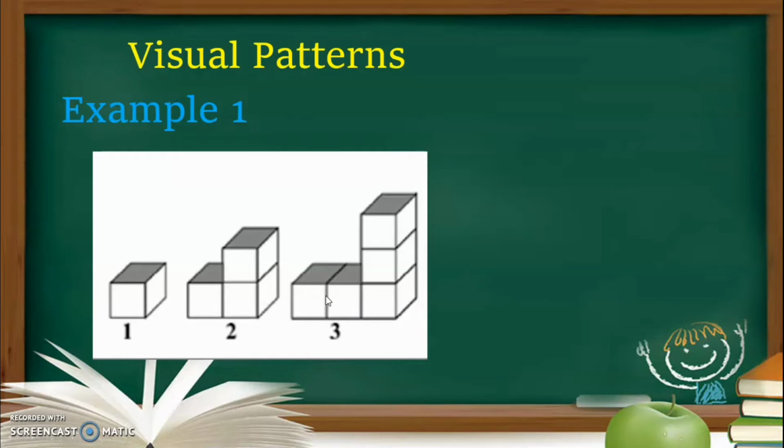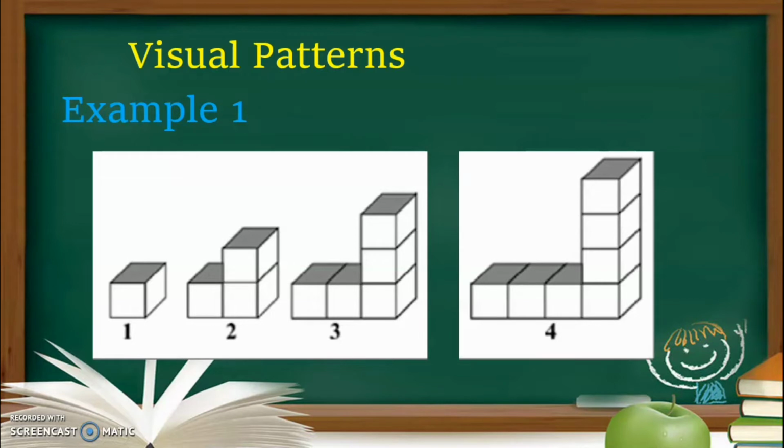So, makakakonclude tayo na ang fourth figure ay 7 boxes, kasi consecutive odd numbers sila 1, 3, 5. So, ang kasunod ay 7 boxes. 1, 2, 3, 4, 5, 6, 7.